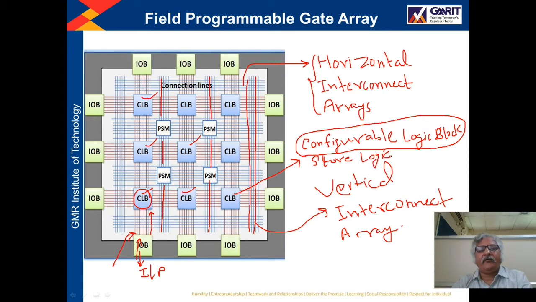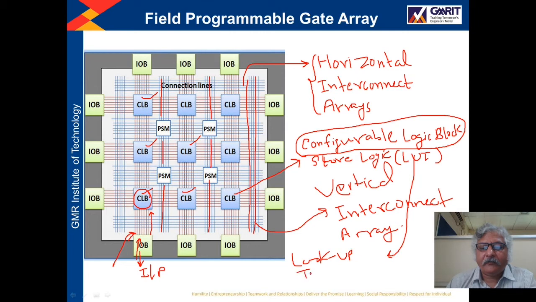That logic will finally be stored in this CLB, and inside the CLB the basic element to store our logic is the LUT, which means lookup table. So our logic is ultimately going to be stored in a lookup table, which is inside the CLB, right?